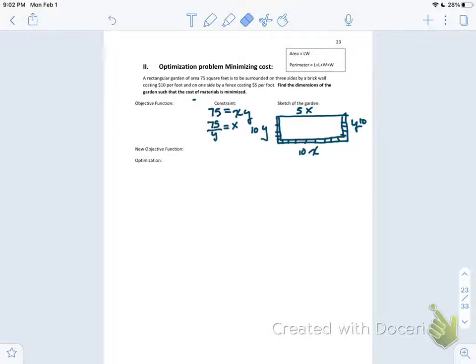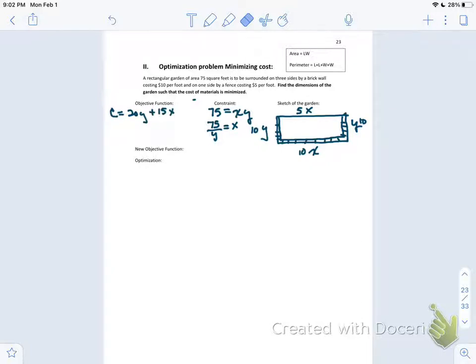Okay, so my objective function initially is going to be the cost. It will add up to, let's see, we have 10y and 10y, so that's 20y plus 15x.